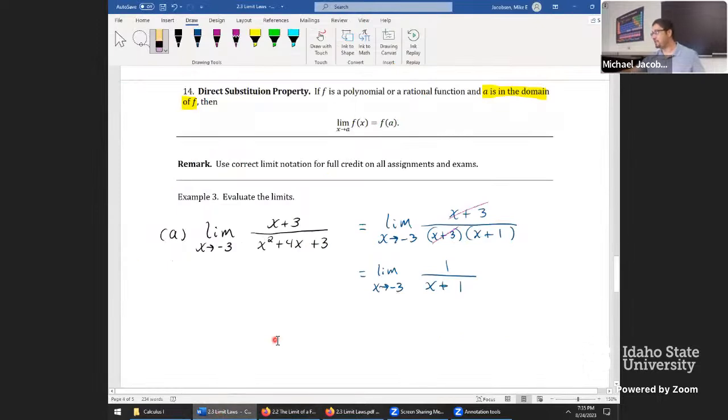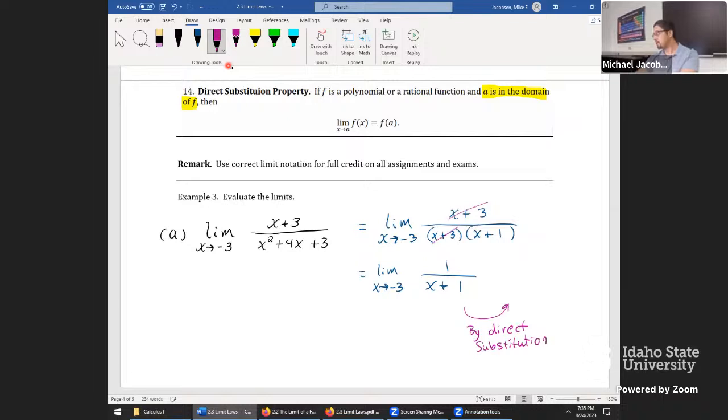So for this particular limit, we're essentially done. I'll put here a note. I may not say this every time, but this is now by direct substitution. We take the -3 and just simply plug it in right there.